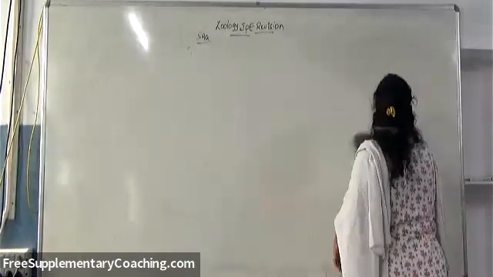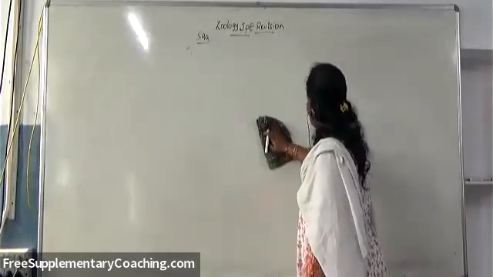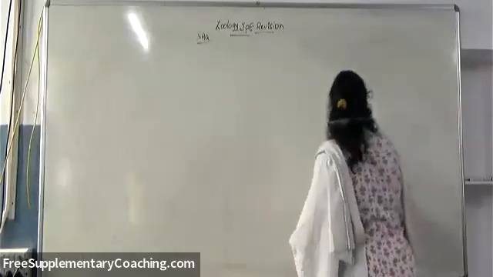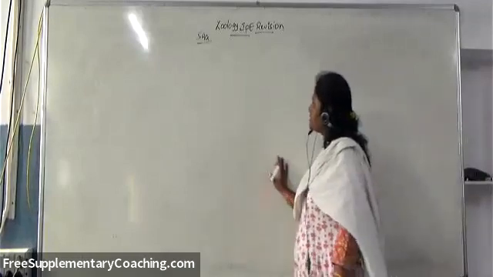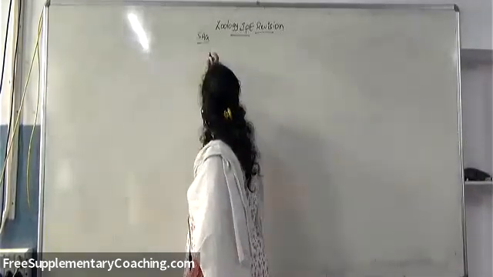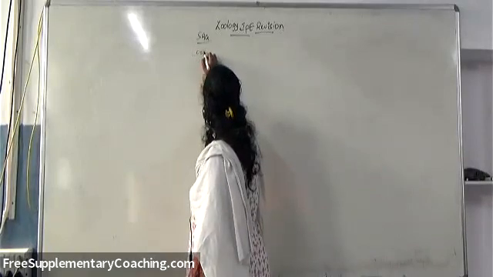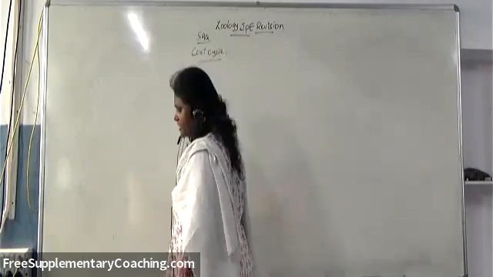So what is this Cori cycle? The two-way traffic cycle occurring between muscle and liver through blood is called the Cori cycle. This cycle was first discovered by Cori, so that's why it is called the Cori cycle.